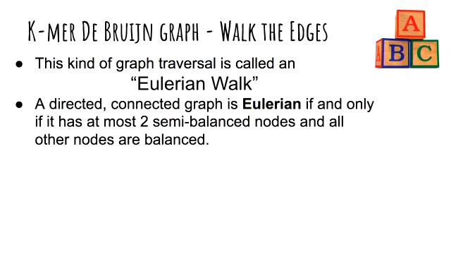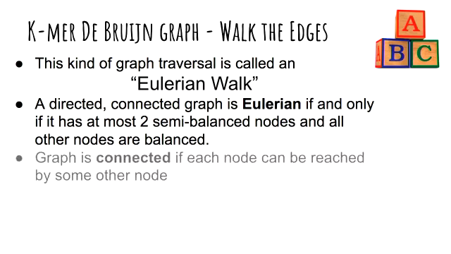All right. A directed connected graph is Eulerian if and only if it has two semi-balanced nodes and all other nodes are balanced. That means we have a start place and an end place, and we have a path that can visit each edge once. The graph is connected if each node can be reached by some other node.